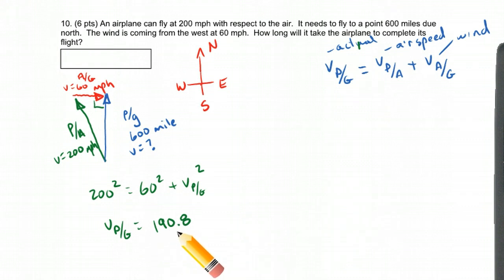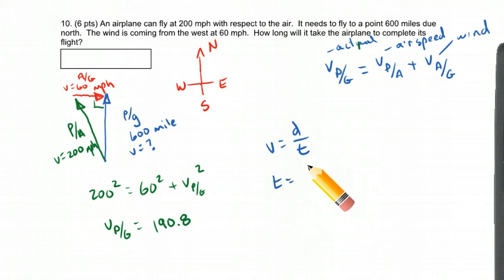So the velocity of the plane with respect to ground, the length of this vector in the velocity diagram, is 190.8. We know we're going to need to go 600 miles, and velocity is distance over time, so time is distance over velocity.